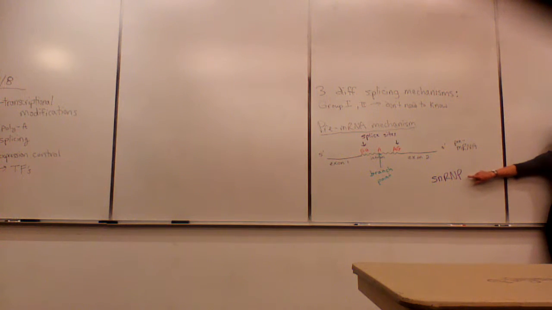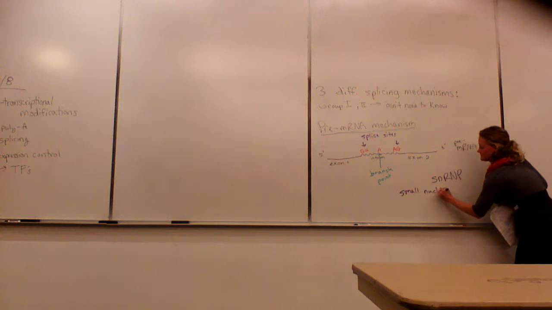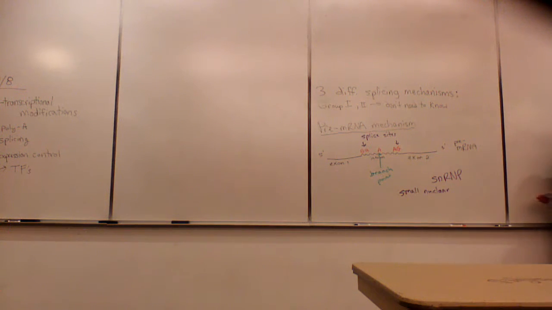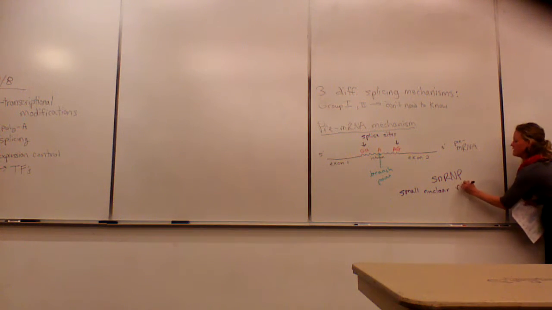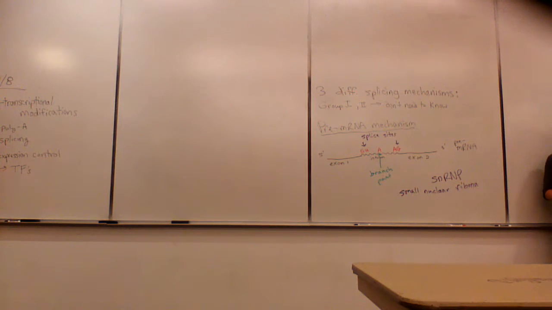Okay, so it's SNRNP. What this stands for is small nuclear ribonucleoprotein. So they're essentially an RNA and a protein, kind of like a ribosome. It has RNA components and protein components.